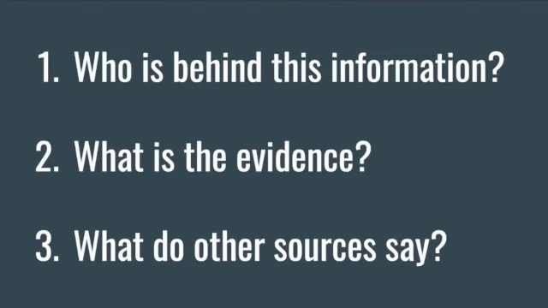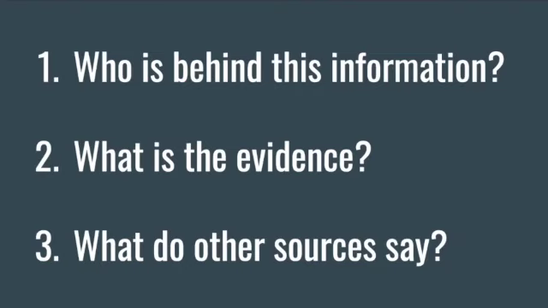This is a really interesting distinction. Again, thinking about the source, not the content necessarily. And so in some ways, it goes right back to that question number one. Who is behind this and what do other people say about them? This is a form of what librarians often call triangulating information, right?